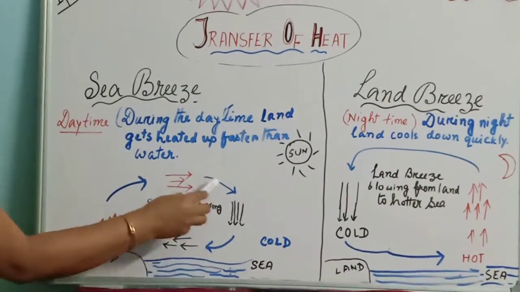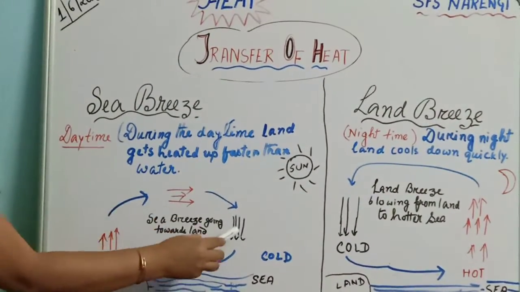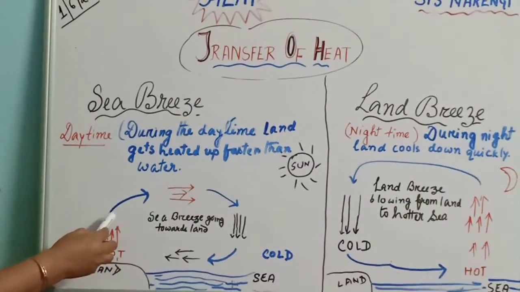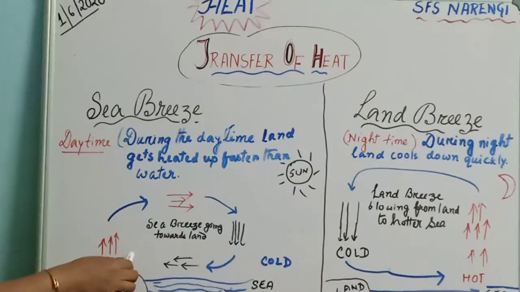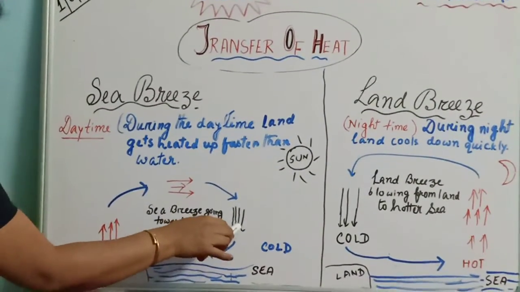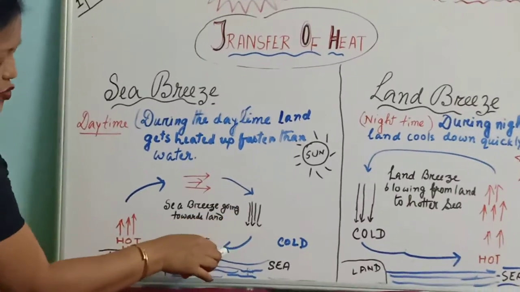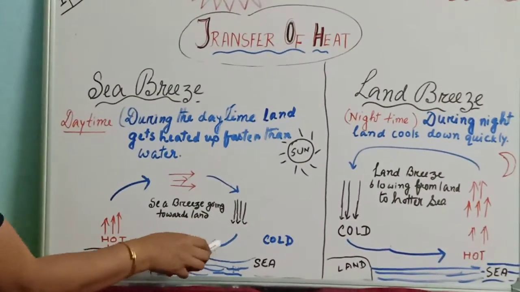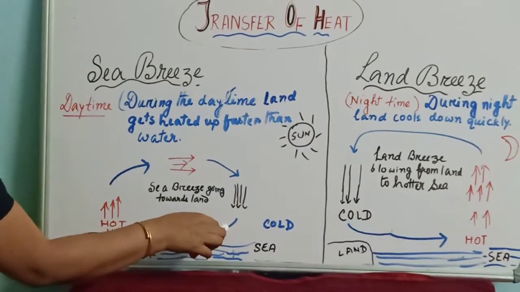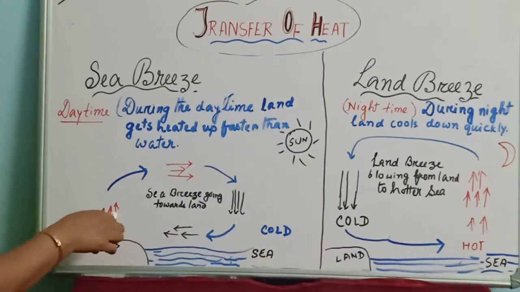So this is how the convection current is set, and as a result, the sea breeze occurs. Sea breeze means from the sea. You can see here in the drawing, very nicely it is given. From here, the sea breeze goes towards the land.